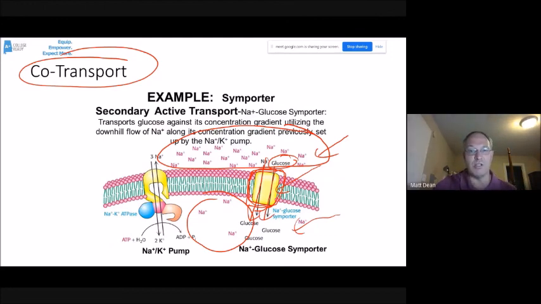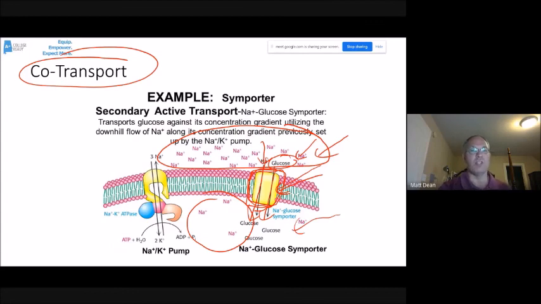That requires energy, and that energy is supplied by the kinetic energy of sodium ions moving with the concentration gradient. So the glucose can't be transported by this protein unless at the same time that protein is transporting sodiums with the concentration gradient. So that's called co-transport.